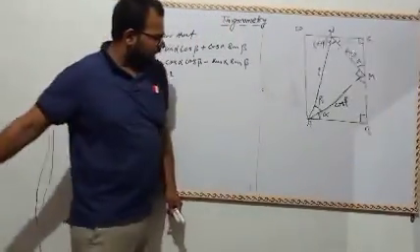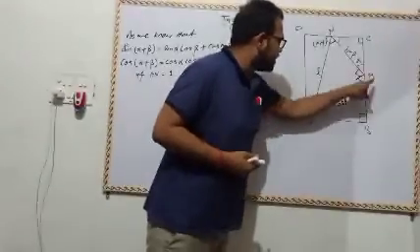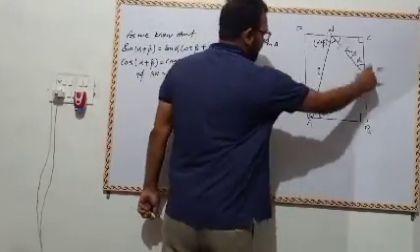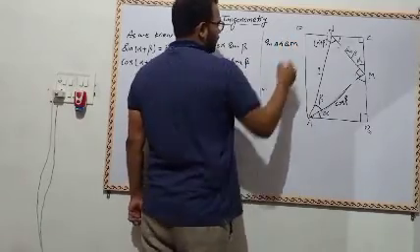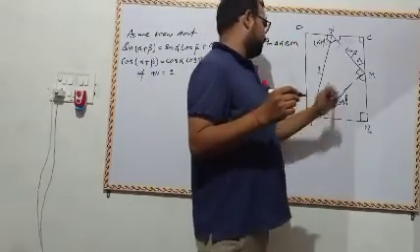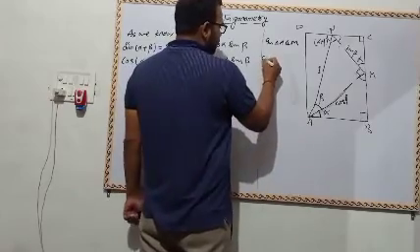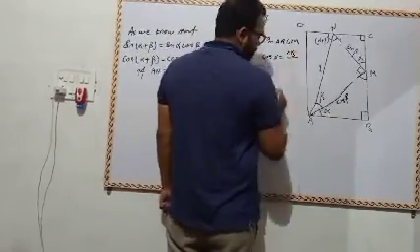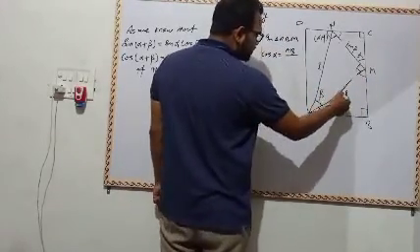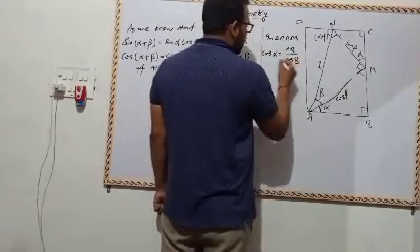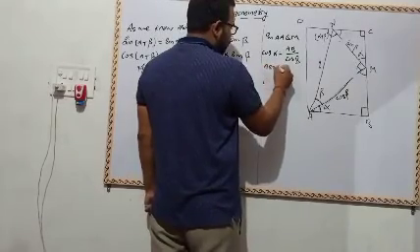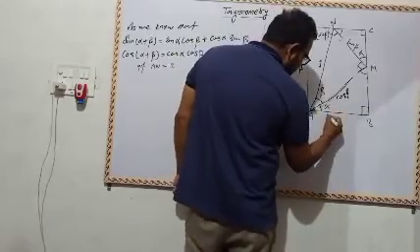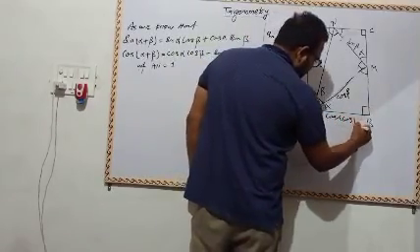Now come to the triangle ABM. In triangle ABM, we will take cos alpha. Cos alpha means base AB by hypotenuse. Hypotenuse means cos beta. Means AB is equal to cos alpha cos beta.